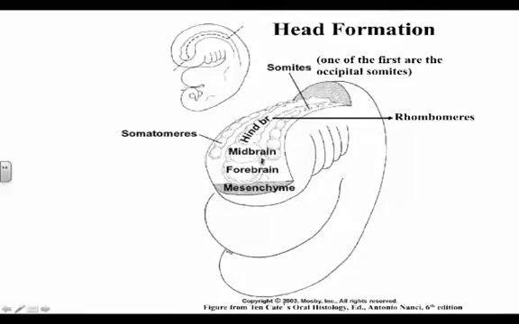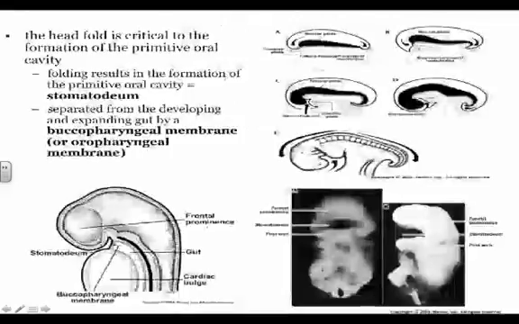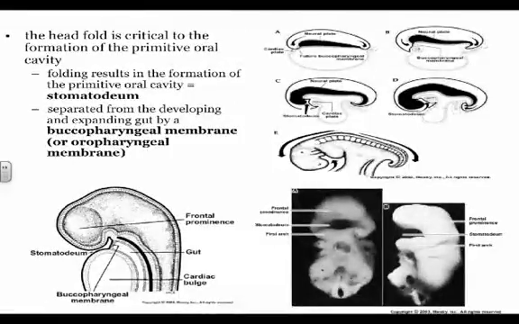This is the head, and here will be the heart. You can see here the head folding in, and that opening, you see that? That's the stomodeum. You begin to recognize the face, don't you?